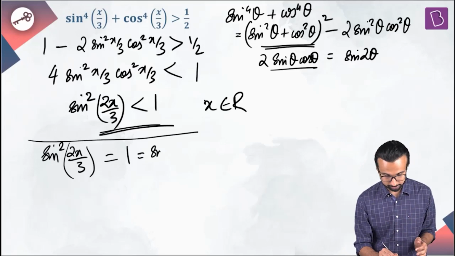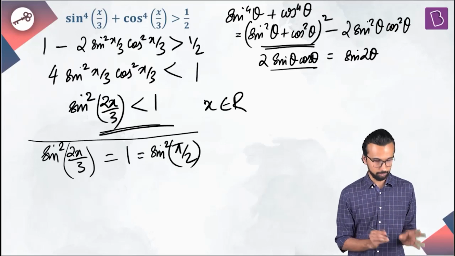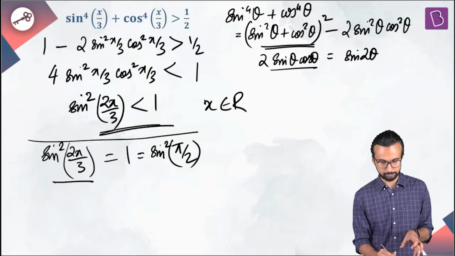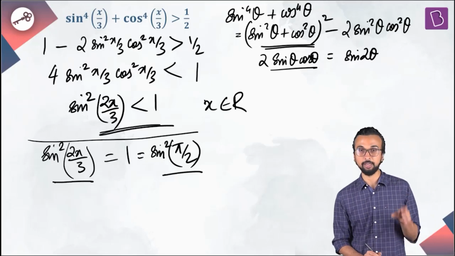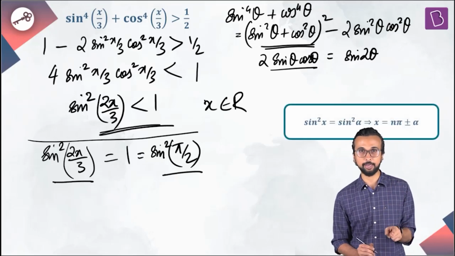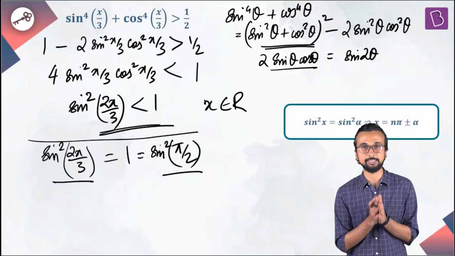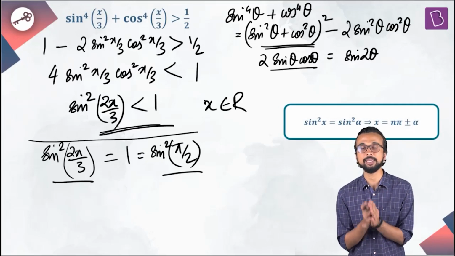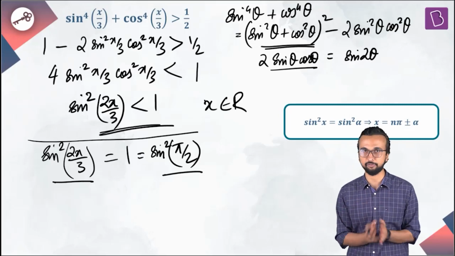1 I will write as sin square pi by 2, because right now I have it in this form, sin square x equal to sin square alpha. If you get sin square x equal to sin square alpha, you can say that x is nothing but n pi plus or minus alpha.